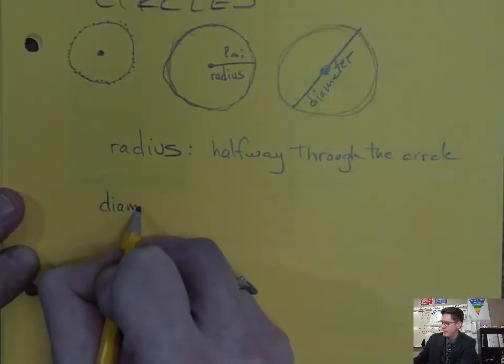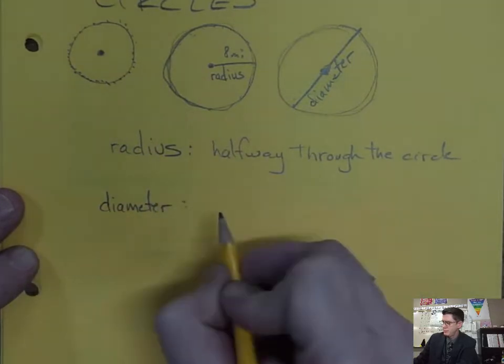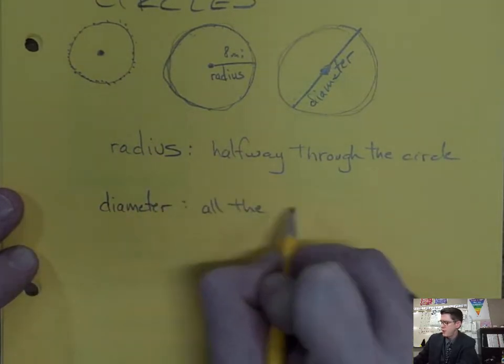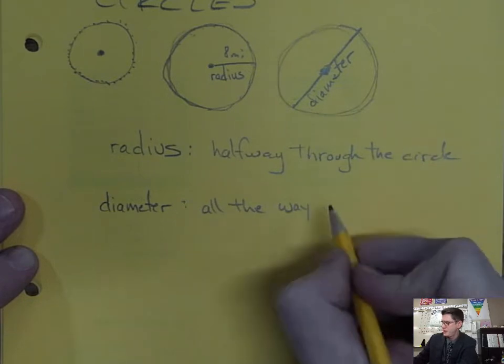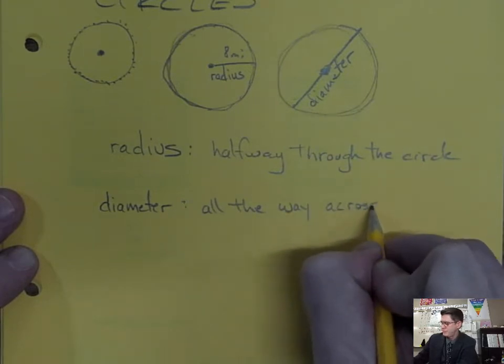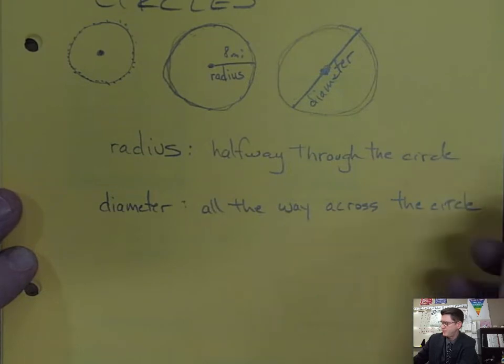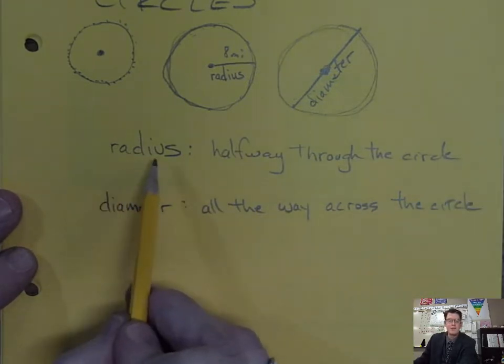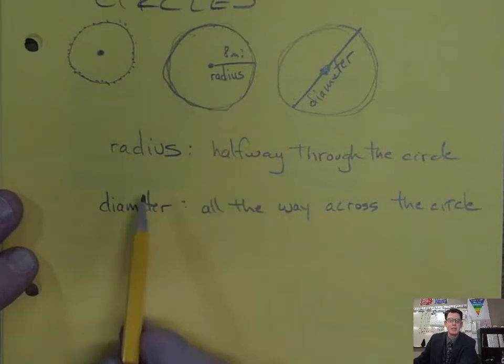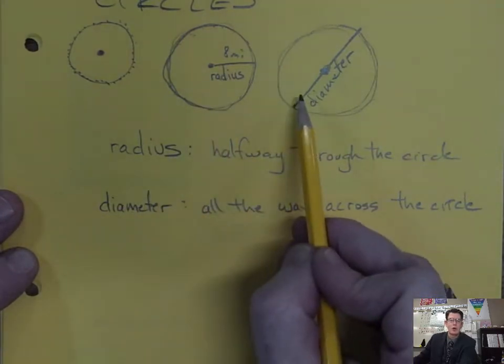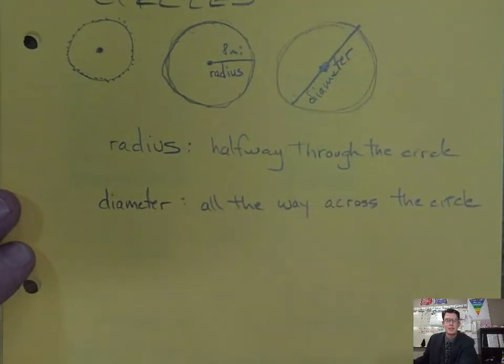So the diameter is all the way across the circle through the center. Radius is the smaller word, and it's the smaller distance. The diameter is a bigger word, and it's a bigger distance.